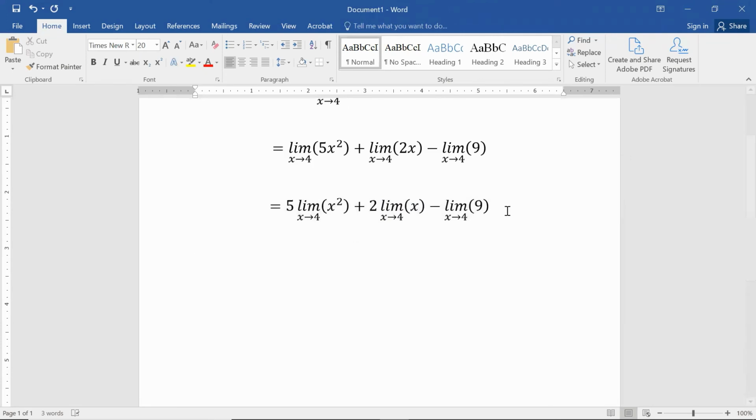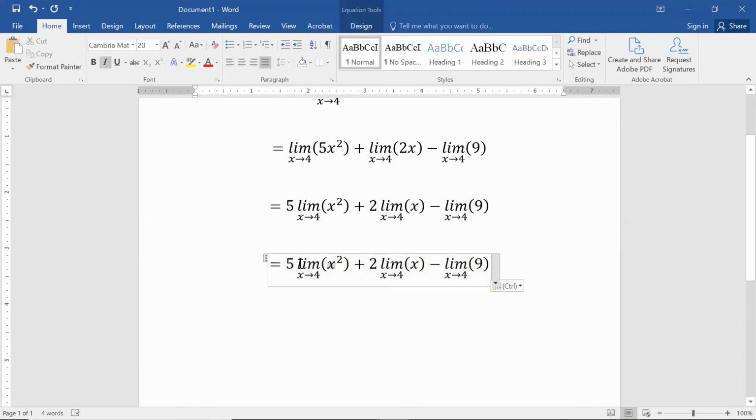Well, now that I have this, these last two are limits that I already know. But what about this x squared? I want you to think of that as the entire limit squared.